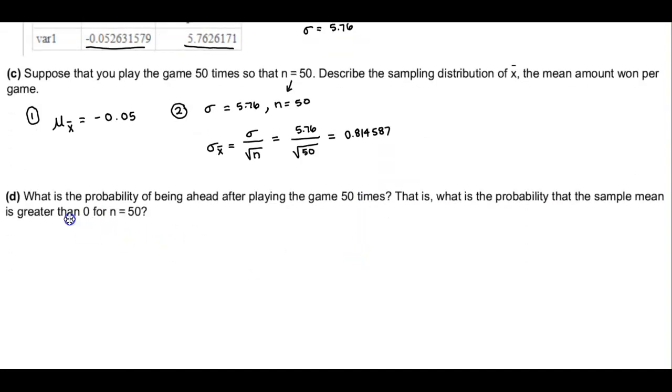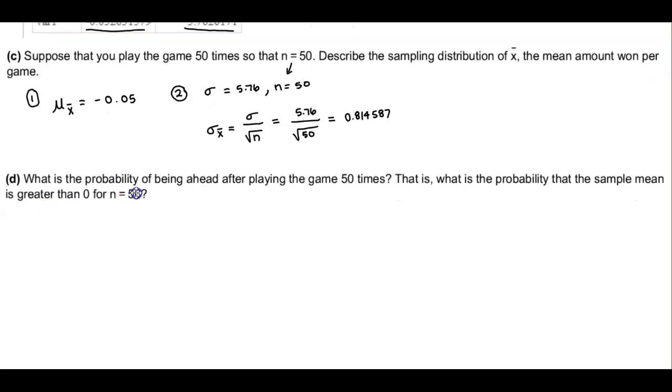Now, in Part D, it's asking, what is the probability of being ahead after playing the game 50 times? That is, what is the probability that the sample mean is greater than 0 for n equal to 50? So what we're looking for is the probability that x-bar, the sample mean, is greater than 0.